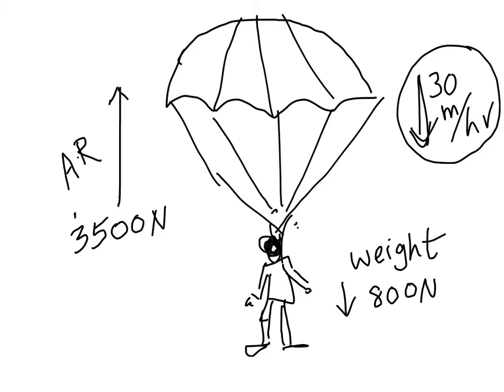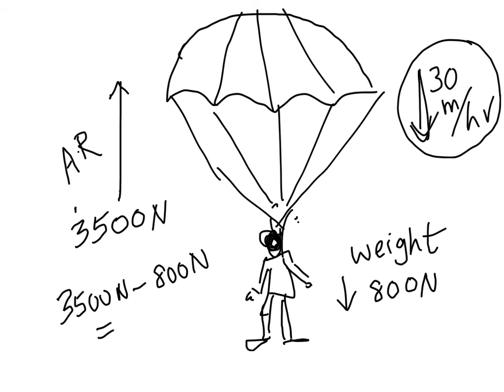What will happen to this person? Because this is bigger, the resultant force is upward. 3,500 take away 800 is 2,700 newtons. Now this time it's upward.